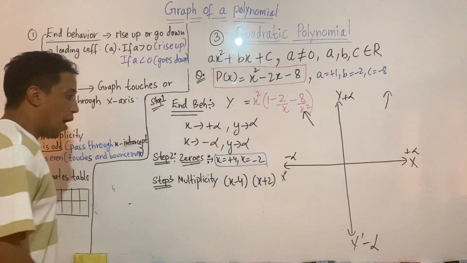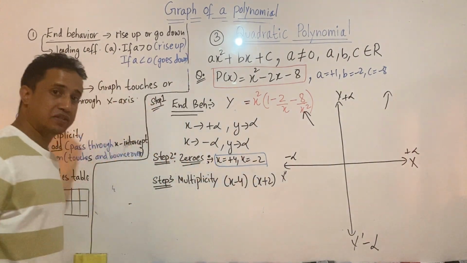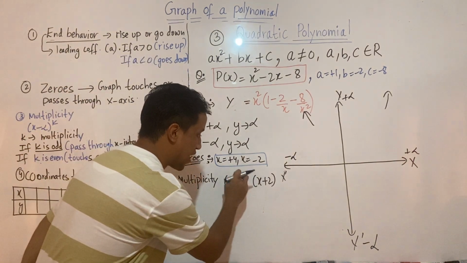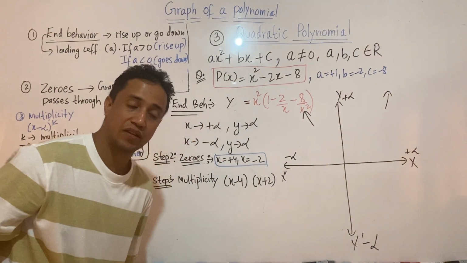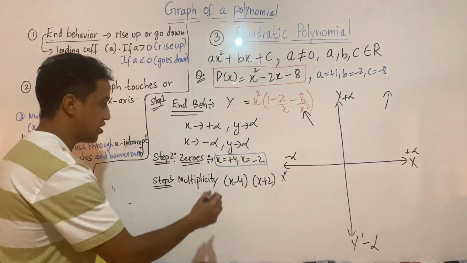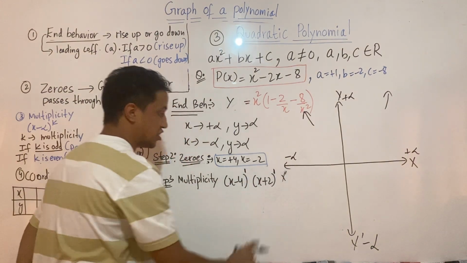Okay, now multiplicity means how many times this factor is going to appear, (x minus a) raised to the exponent k, or how many times this zero is going to appear. Here the multiplicity is 1, here the multiplicity is 1 too.